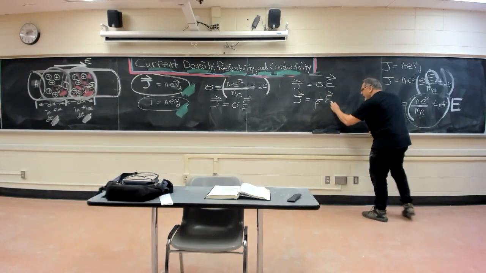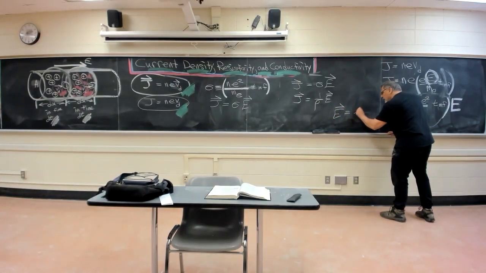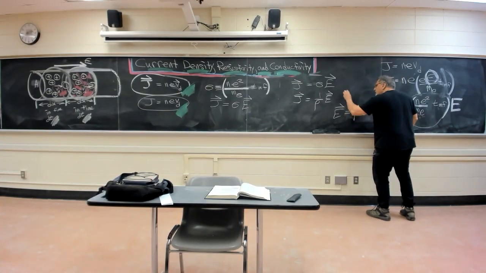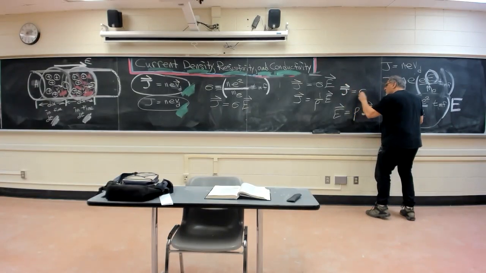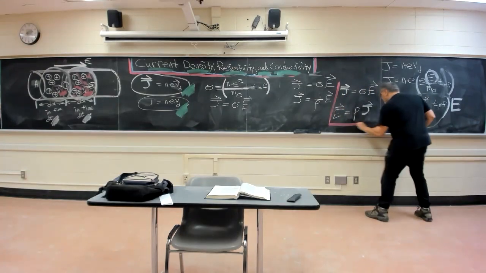So what you can have here is the E field, E vector, is rho times J vector, and here J vector is sigma times E vector. So these two are of interest.